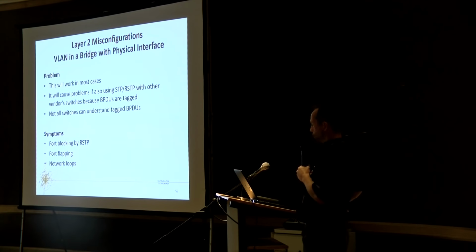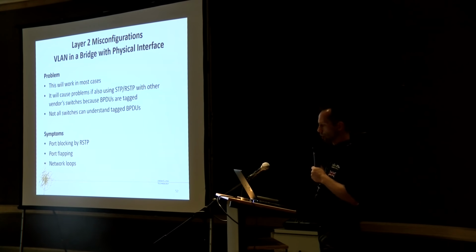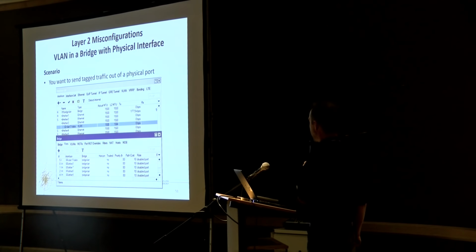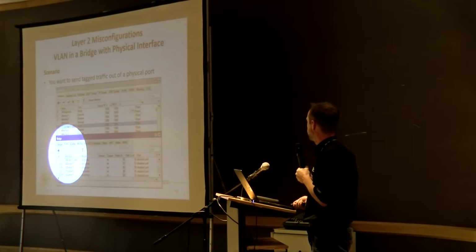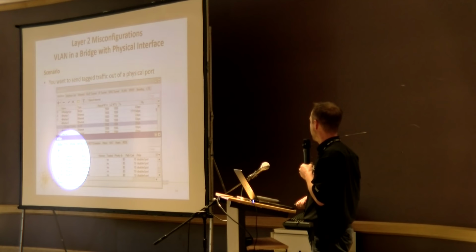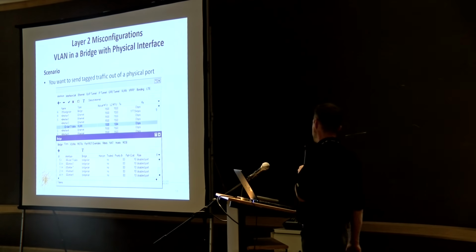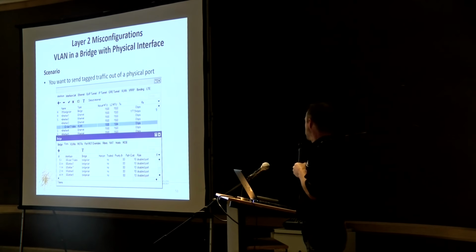If you send that traffic tagged out on that interface by creating that VLAN again on another slave interface and adding that VLAN, my pointer's working, and I've added that VLAN into the bridge as a bridge port so that it receives my tagged traffic and untags it inside the switch.